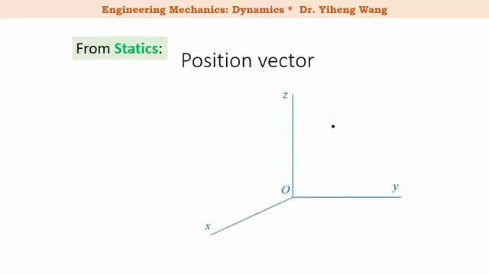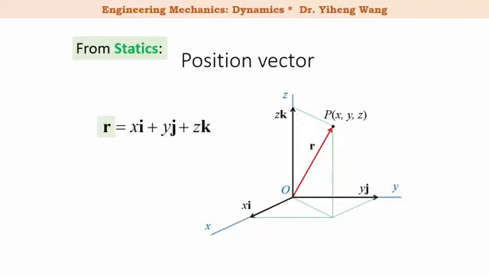The particle now has coordinates of x, y, z, and the position of the particle is represented by a vector r that is drawn from the origin to this particle. This position vector r is written in Cartesian form as xi plus yj plus zk. Here, i, j, k are the unit vectors along the x, y, z axes respectively.